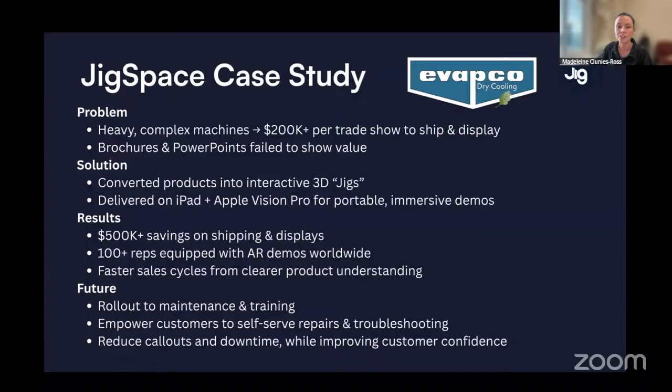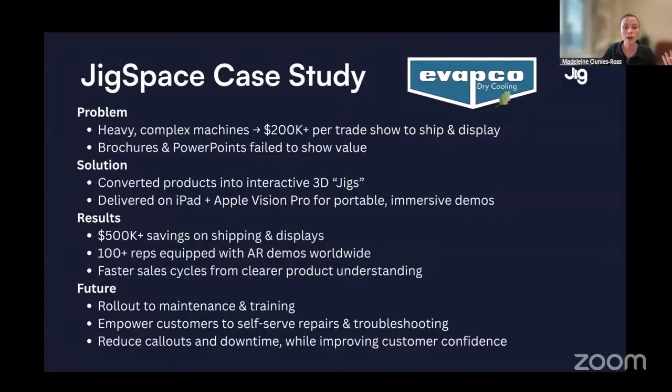So as you could see, Evapco has these very large, complex HVAC machines that cost over $200,000 per trade show to ship and display. So for Evapco, traditional sales materials like PowerPoints and brochures failed to capture the scale, the complexity, and the quality of their equipment, slowing down sales cycles and limiting customer comprehension.